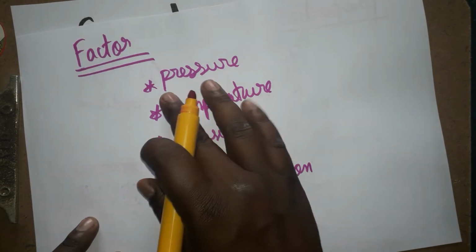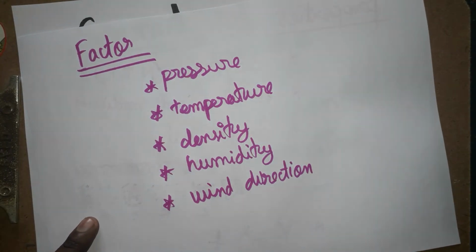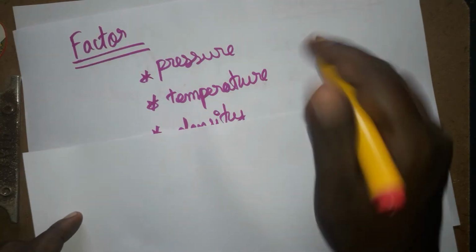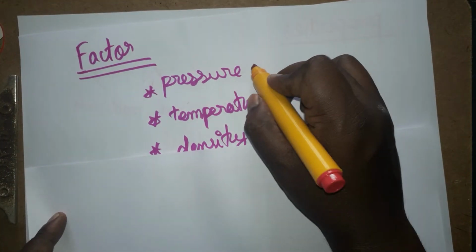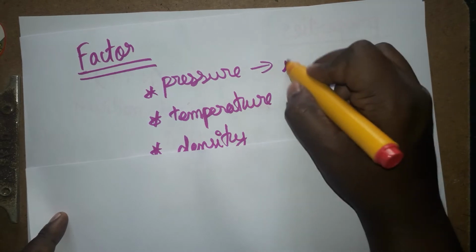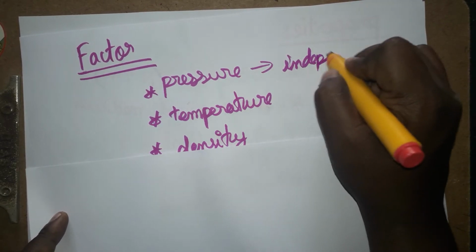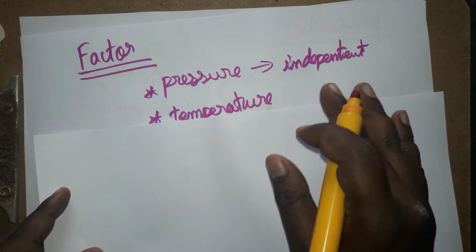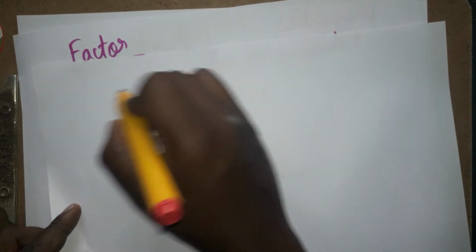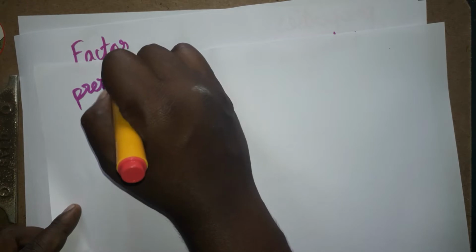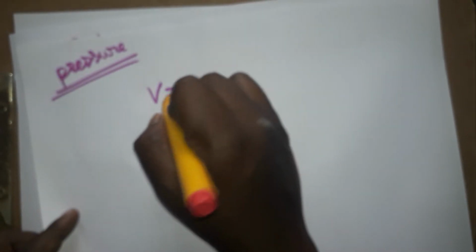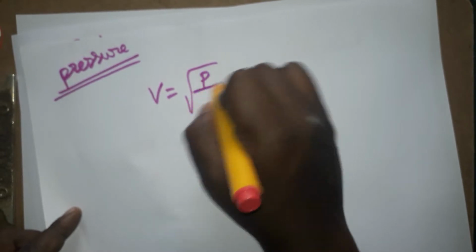First we will see how pressure affects it. Actually, the sound wave is independent of pressure. If the pressure is increased, the sound wave is not affected. Velocity is equal to root of pressure by density.